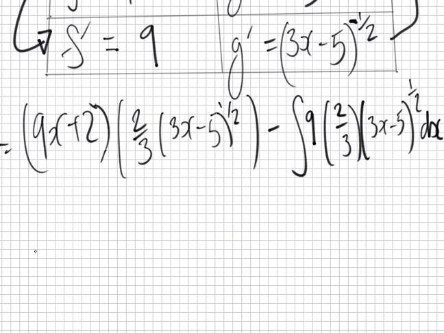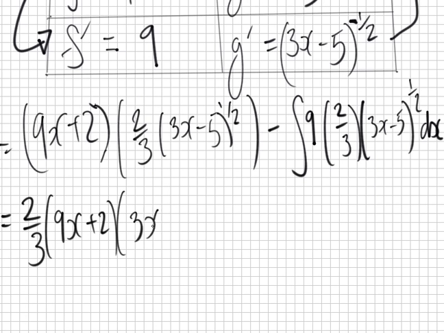Let's clean this up a little bit. So this is 2/3 (9x plus 2)(3x minus 5) to the power of a half.